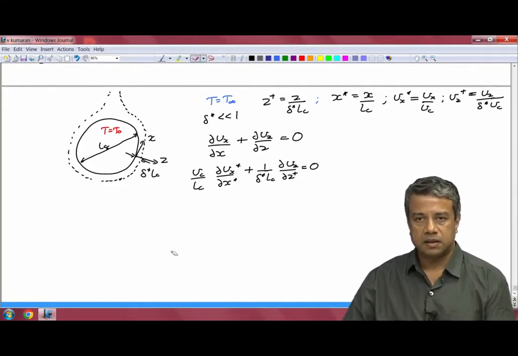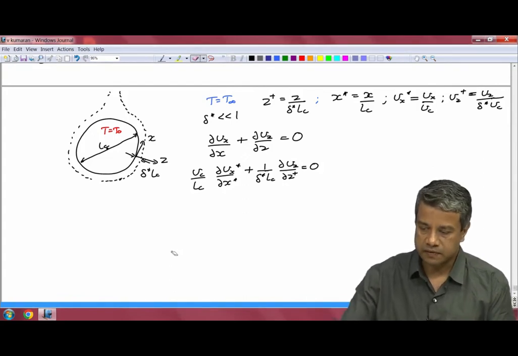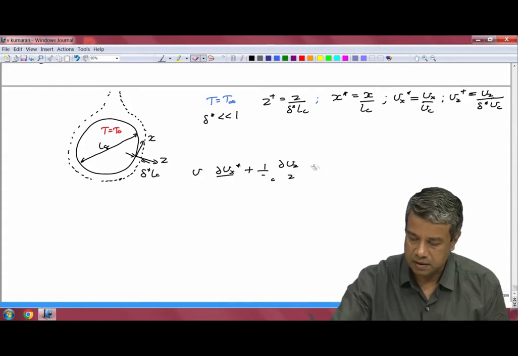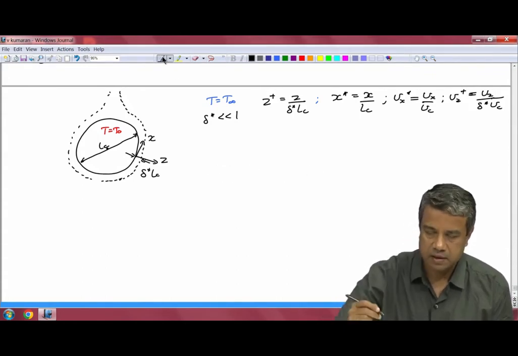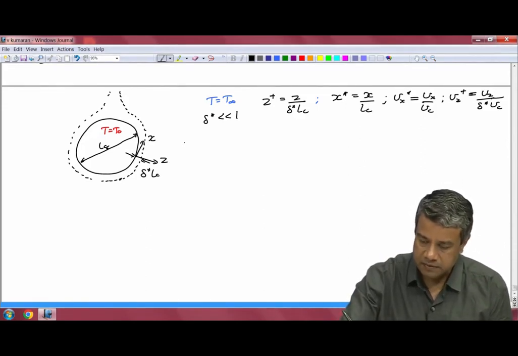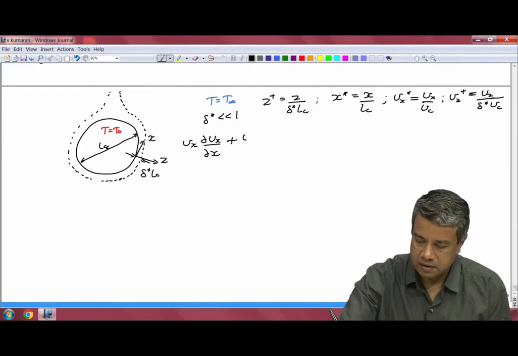Let us now turn our attention to the scaled momentum conservation equation, first in the streamwise direction. The momentum conservation equation is Vx partial Vx by partial x plus Vz partial Vx by partial z.